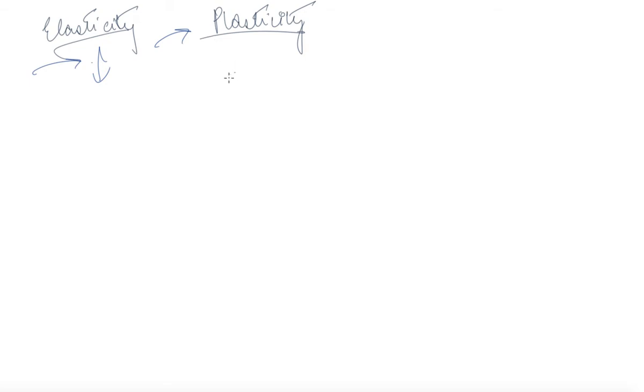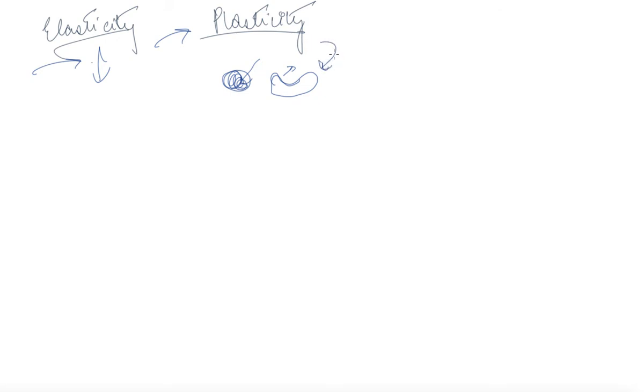Say, suppose there is a bit of wet mud that is collected. Now, if you press this, the body easily gets deformed and it does not come back to its original position. So, this is due to its plasticity.